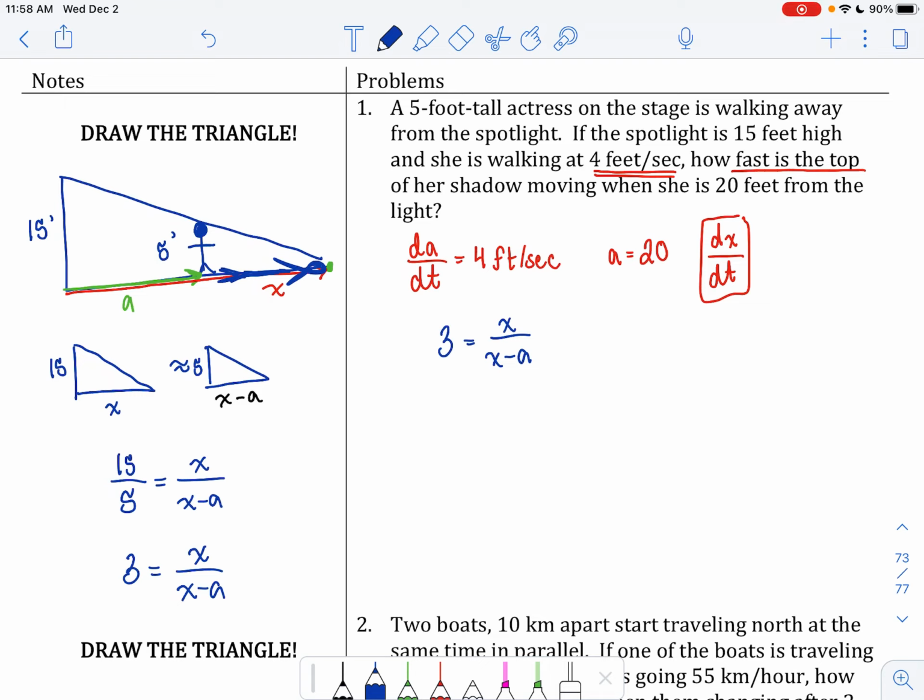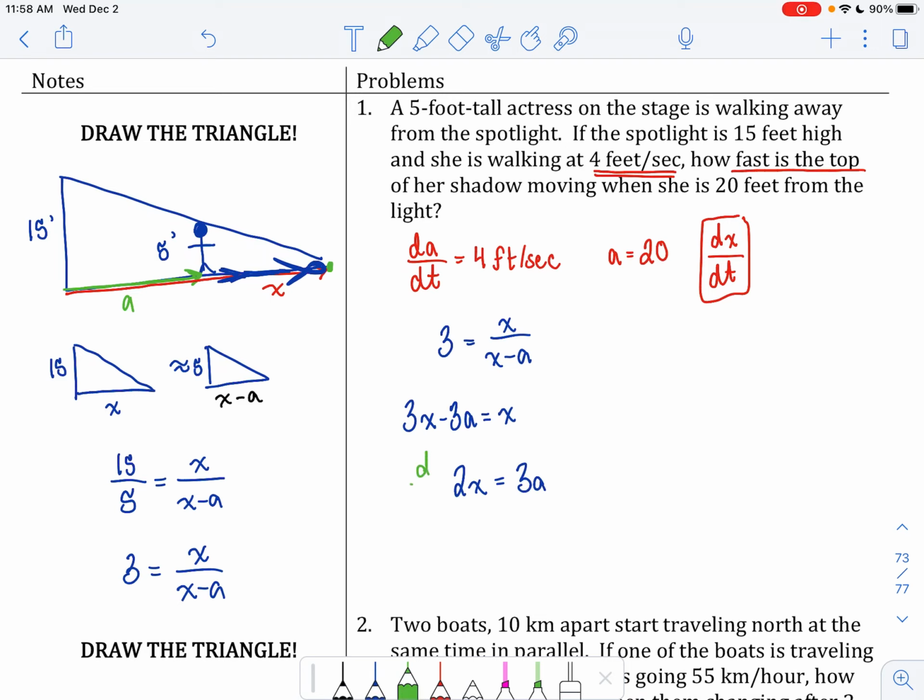Now I could take d/dt at this point, but I don't really like the quotient rule. So I am going to multiply each side by the denominator. So I get 3x minus 3a is equal to x. I would then subtract the x and add the 3a. So I get 2x is equal to 3a.